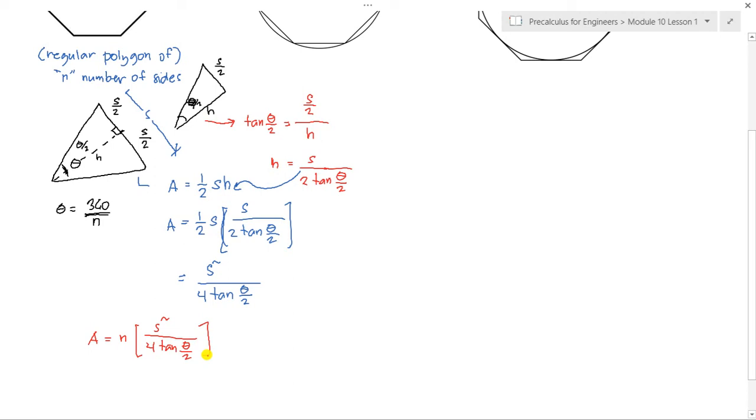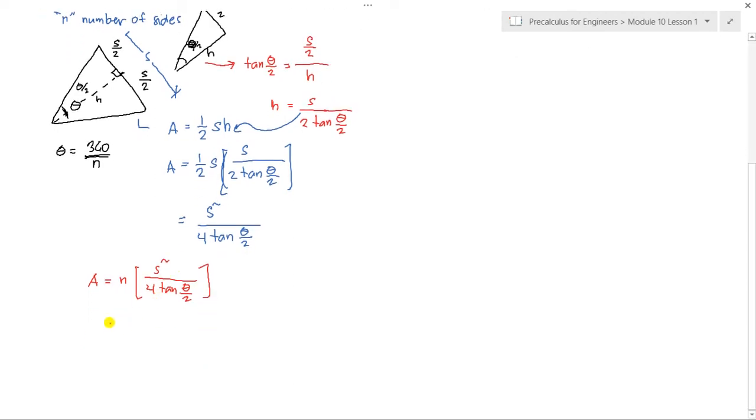Manang pagpangita, and then since ang theta kay dapat ato pa na siya i-express into n, since we are dealing with a formula for n number of sides. Diba theta is 360 divided by the number of sides.